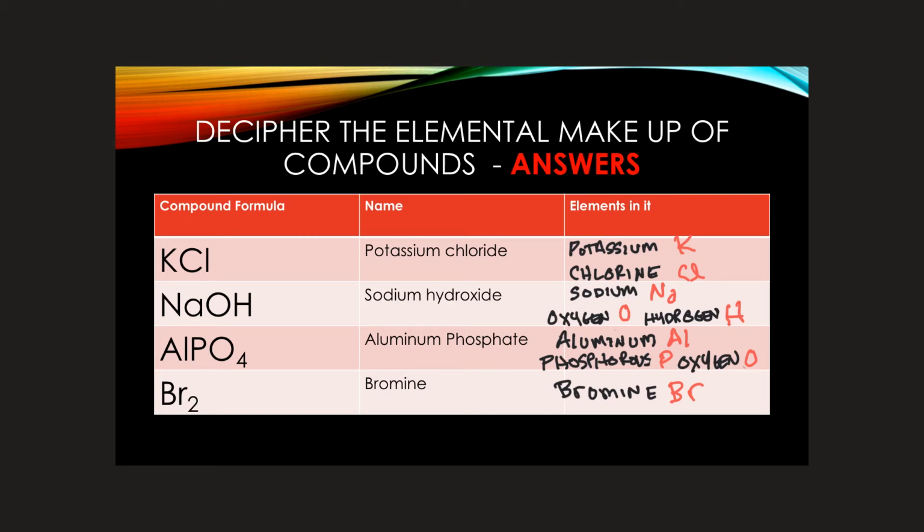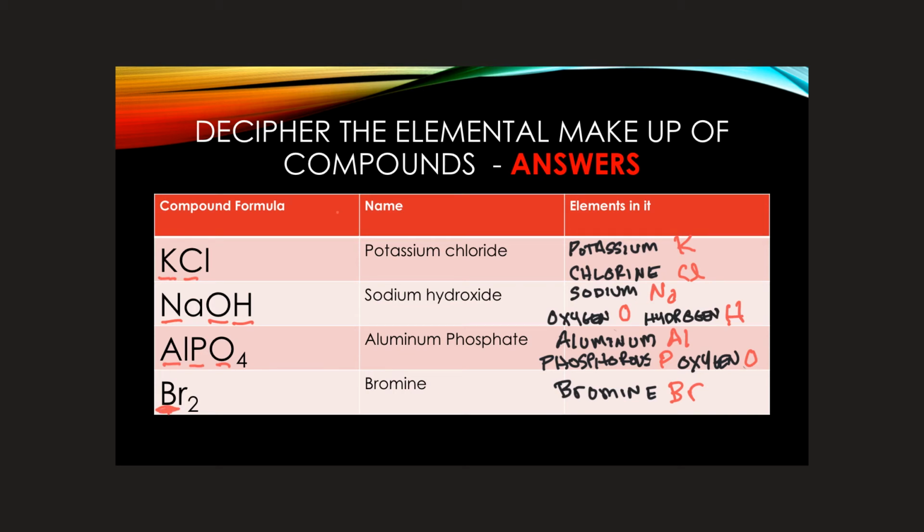So how do we get potassium and chlorine? Remember, I told you to underline all the lowercase and uppercase letters. So if we just go by and mark the uppercase letters, 2 letters, 3 letters, 1, 2, 3. Remember, this right here is a lowercase l. All right, and then the last one is Br, and that's the only one.